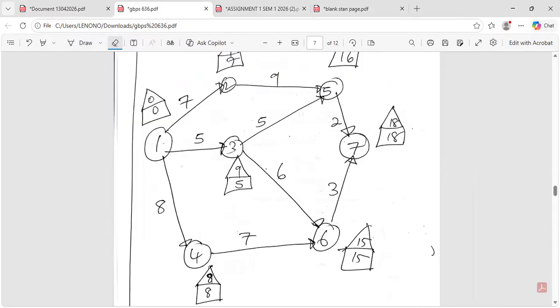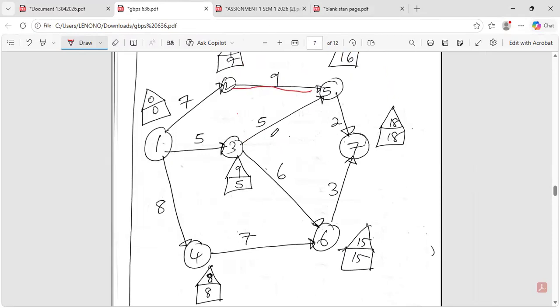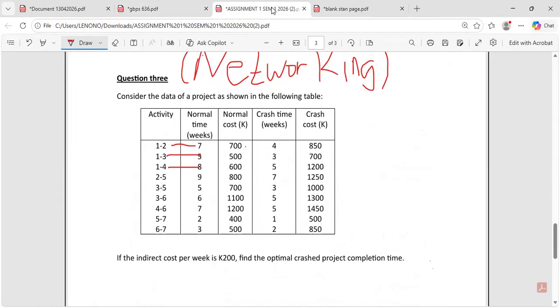Then we move on to the other ones: 2 to 5, 3 to 5, and 3 to 6.